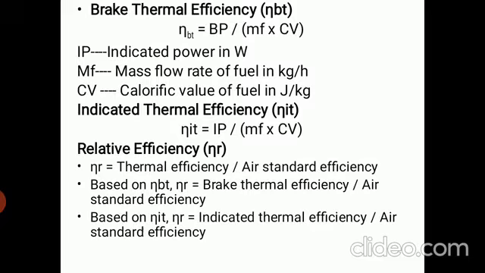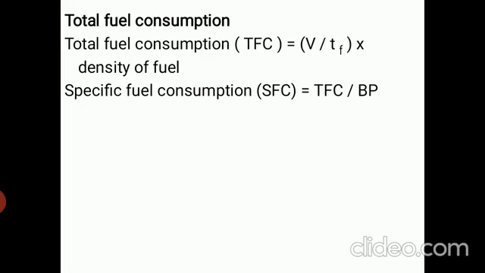By comparing these efficiencies we can easily come to a conclusion about which engine will give higher efficiency. Total fuel consumption we have discussed already: the amount of fuel consumed per unit time. Total fuel consumption per unit power output is specific fuel consumption.